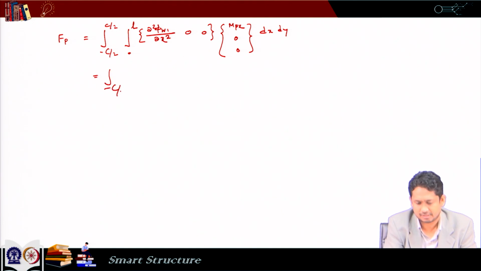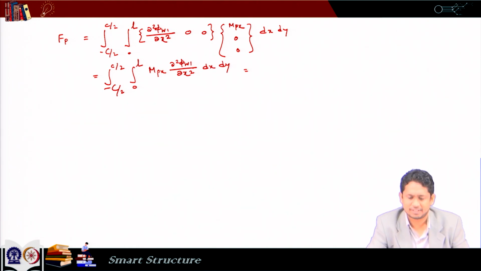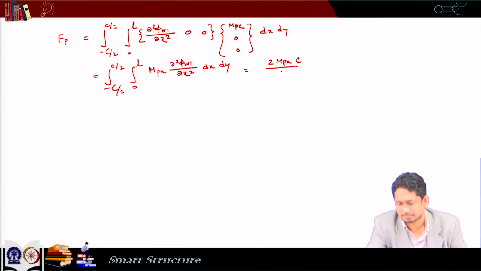So finally this turns out to be this, and then on being integrated the value comes to be 2 MPX C by L.